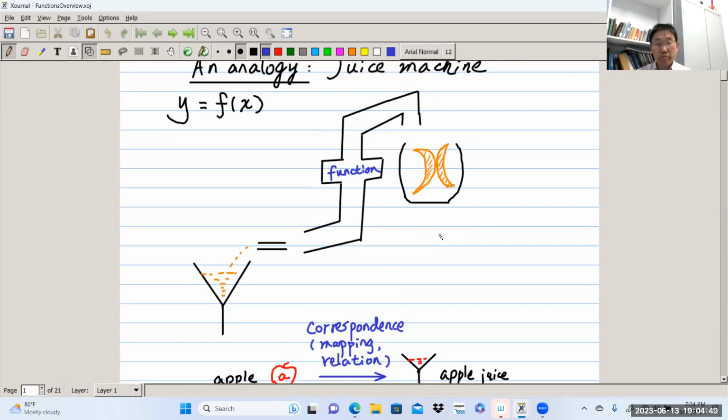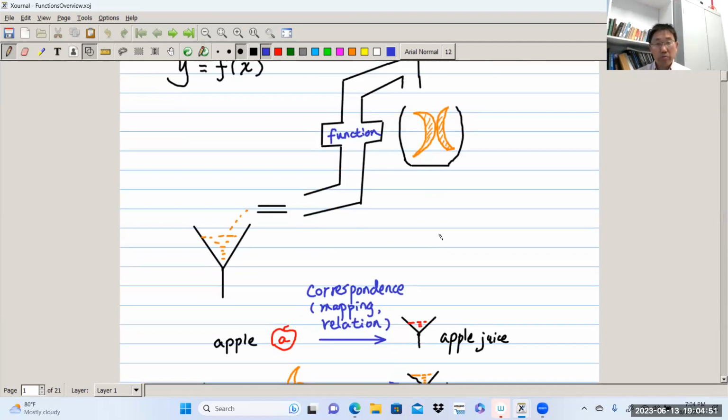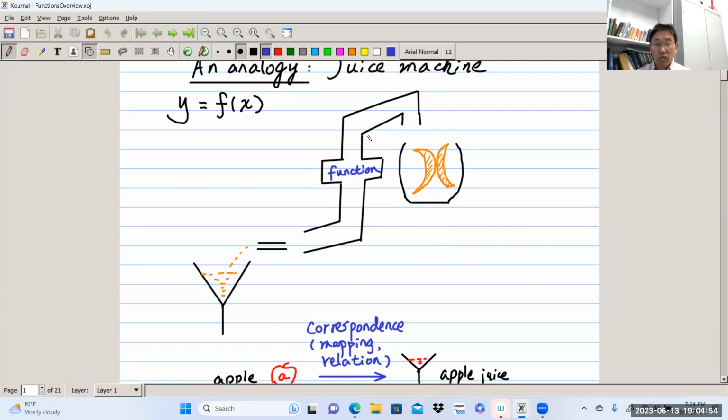As you can see, I sketched this machine such that the whole diagram looks like y equals f of x. A mathematical function is similar to a juice machine. It takes a number as the input and then makes a number as the output, as the product.